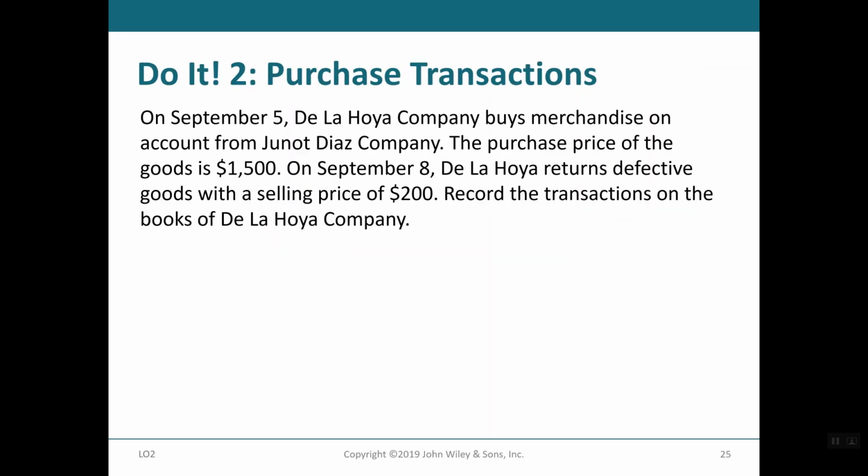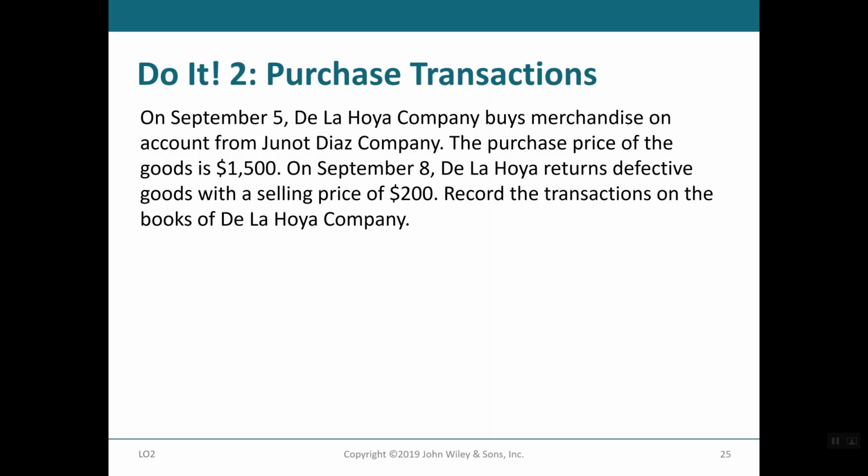All right, let's try this together. On September 5, De La Hoya Company buys merchandise on account from Junot Diaz Company. The purchase price of the goods is $1,500. On September 8th, De La Hoya returned defective goods with a selling price of $200.